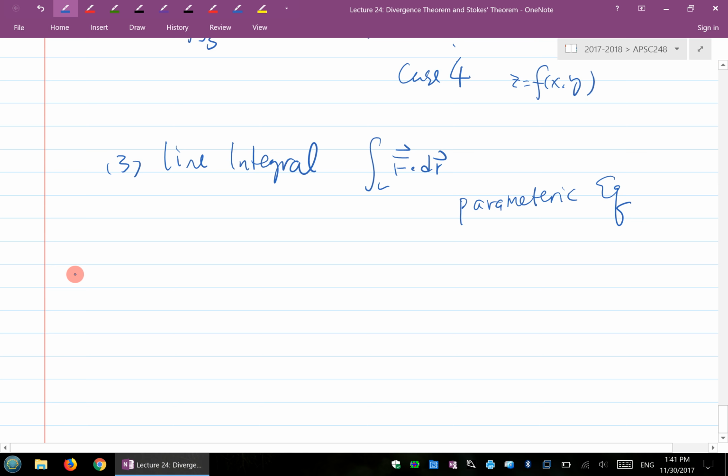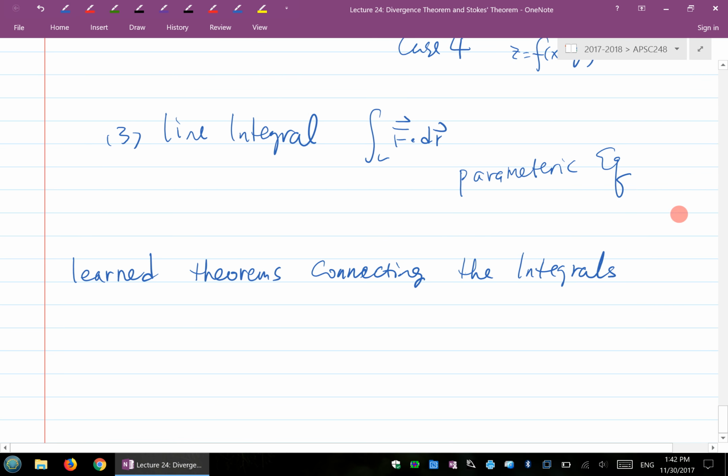And on top of the three types of integrals, at the end of the term, in the lectures of the last couple of weeks, we learned a few theorems, maybe just two or three theorems here. What a theorem does is basically connect the integrals together.